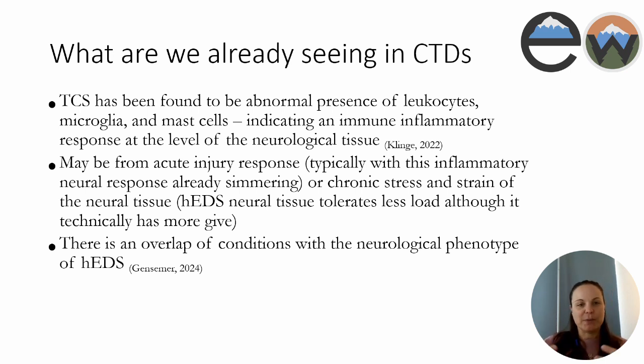And then again, we typically see this overlap, right? This neurological phenotype that we've seen in HEDS is if you have one, you probably have a list of neurological involvement. And understanding what I talked about in the second presentation would help us understand that this isn't 20 different problems. This is one problem that can create 20 different diagnoses, presentations, however you'd like to label those things.